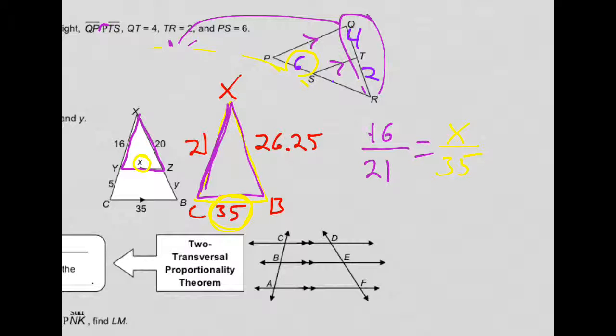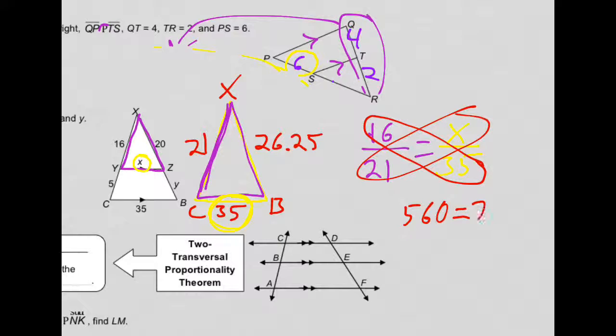Alright, and now I just cross multiply, so I get 16 times 35, which is 560, equals 21 times x, and then I divide both sides by 21, and I get x equals 26.6 repeating.